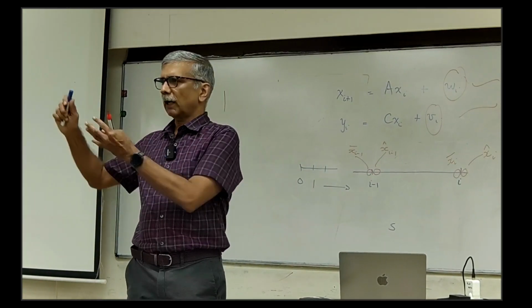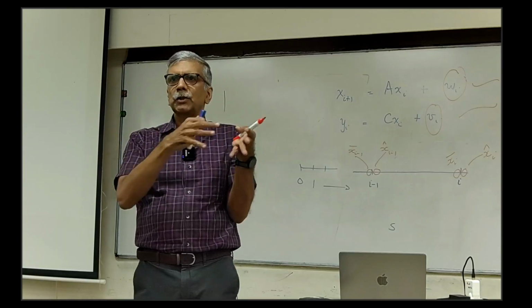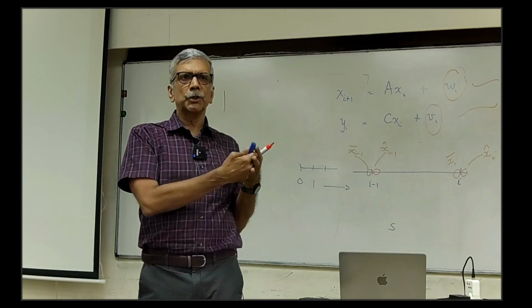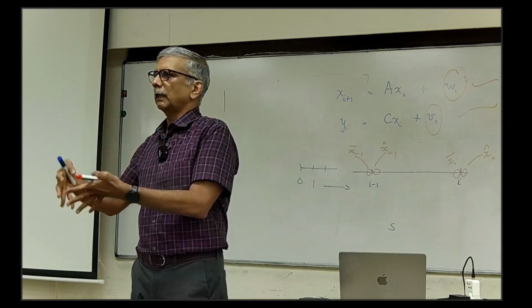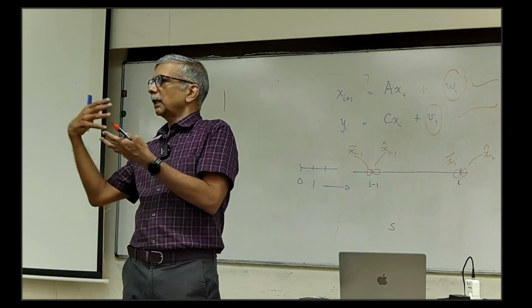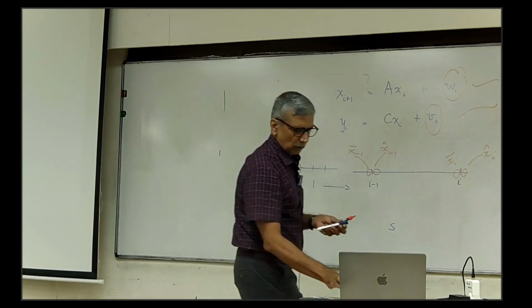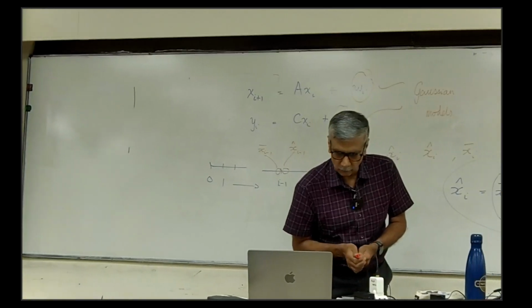Do you see that? You have a prior estimate based on what information you had till now, and then you take the current information and update your estimate. So that's the philosophy on which it works.